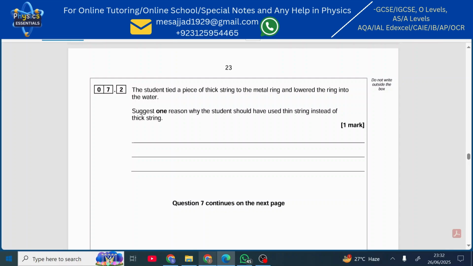So the answer is thin string should be used, because thick string will displace more water, which affects the measurement of the volume. Okay, thin string should be used.